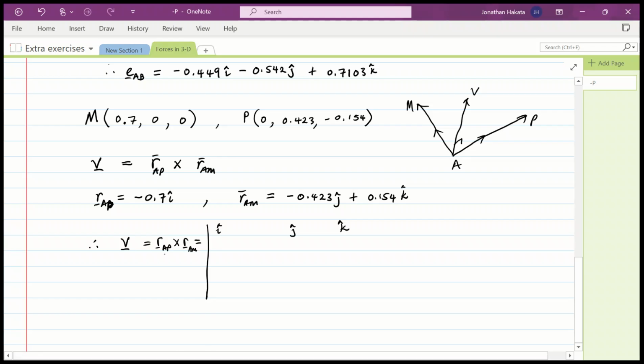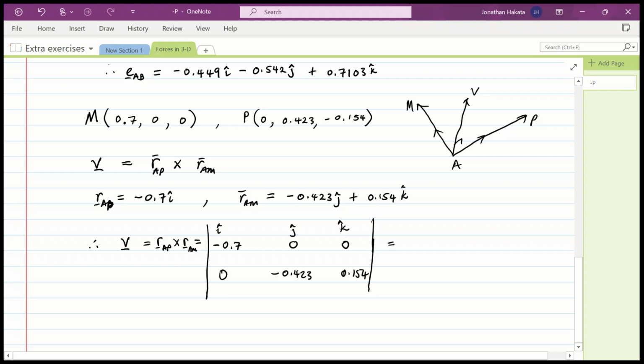RAP should come first on top, which is minus 0.7, 0, 0, and RAM should be at the bottom, which is 0 here, because we don't have an X component there. So this is 0, minus 0.423, 0.154.